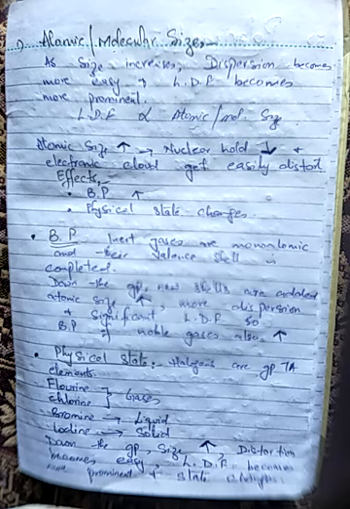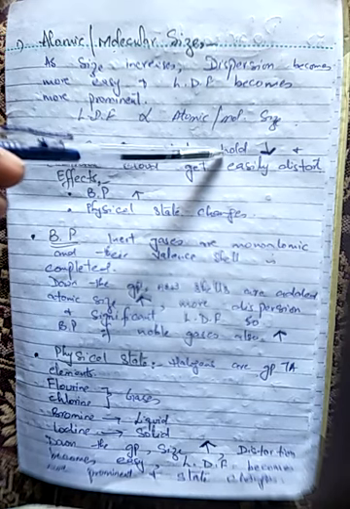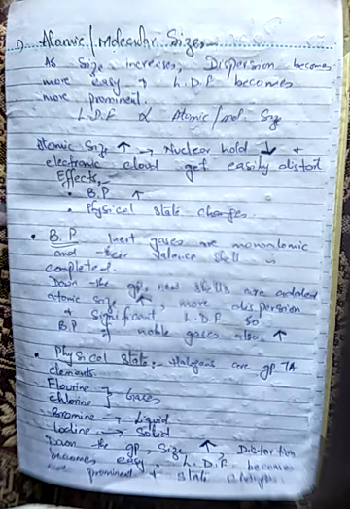First is atomic size, which may be molecular size. As size increases, dispersion becomes easier and London dispersion forces become more prominent. How is it like this? When atomic size increases, nuclear hold decreases and the electronic cloud can easily be distorted.